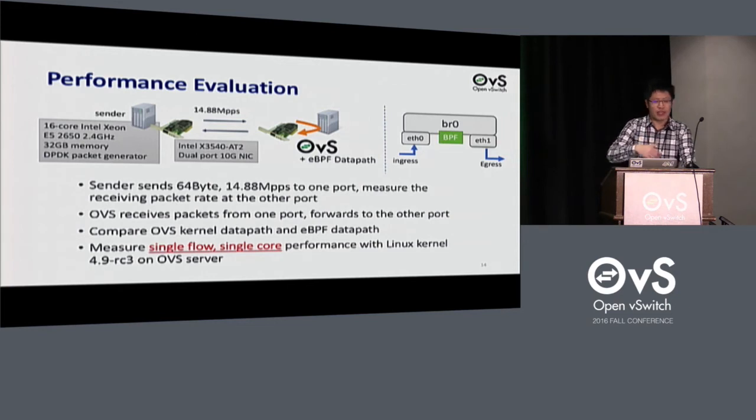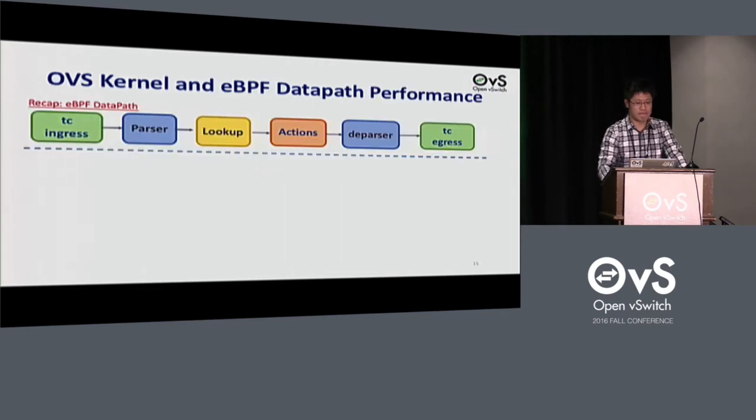We receive the packet at the sender side, on the other port, to know the receiving packet rate per second. We do this experiment using a single flow and a single core on the OVS server, running the latest Linux 4.9 RC3 kernel.